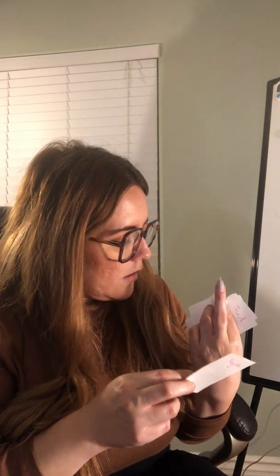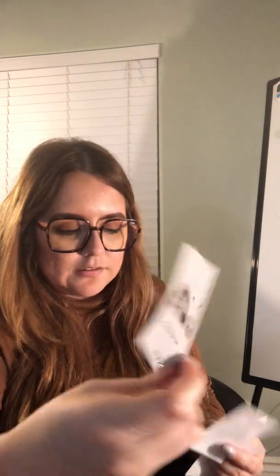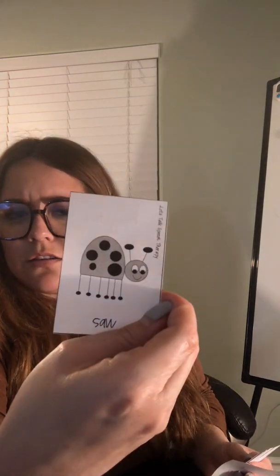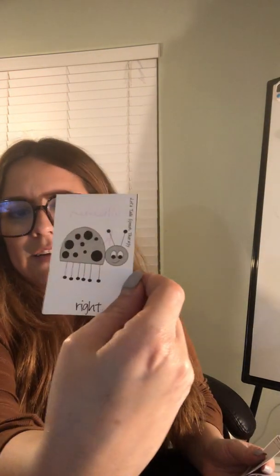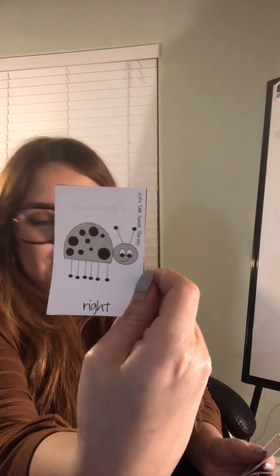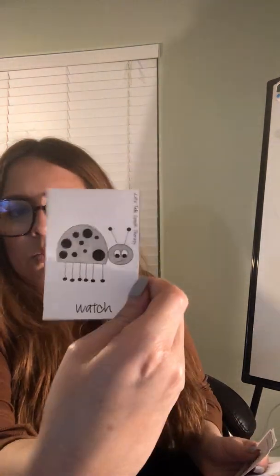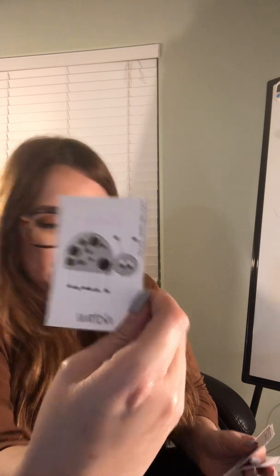Kingston, I'm sorry, the rock was Aiden and Dexter. Kingston, you're doing saw. Abraham and Christy, you have right. Caden, your word is watch.